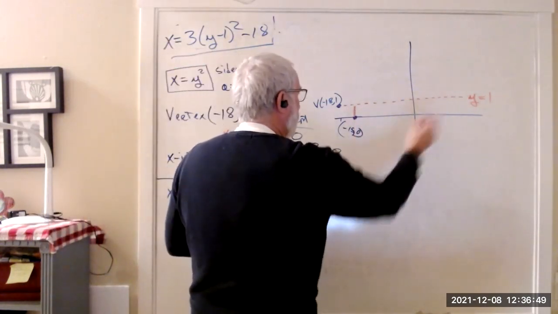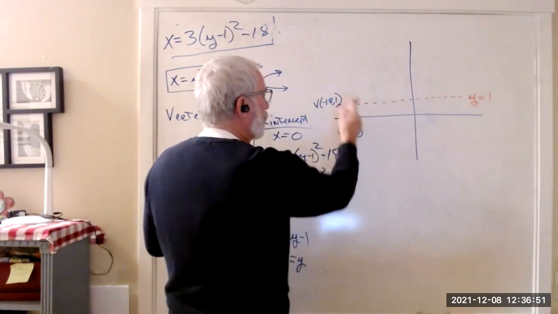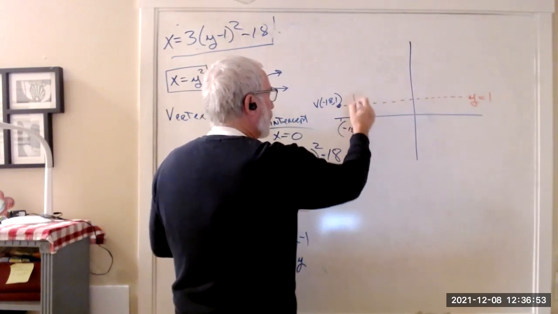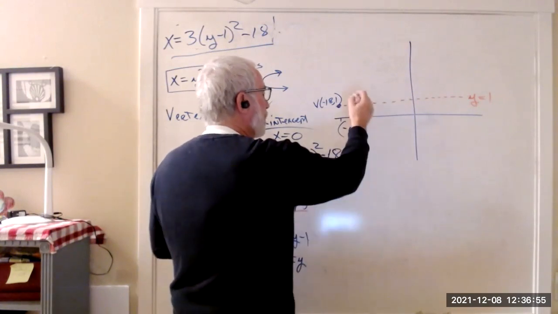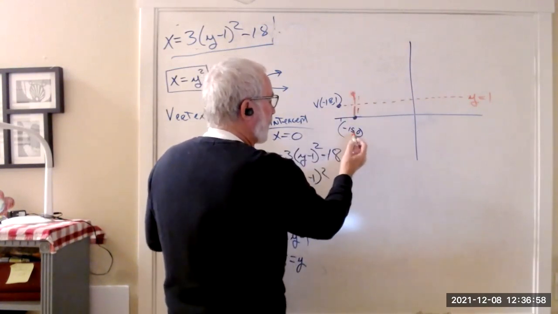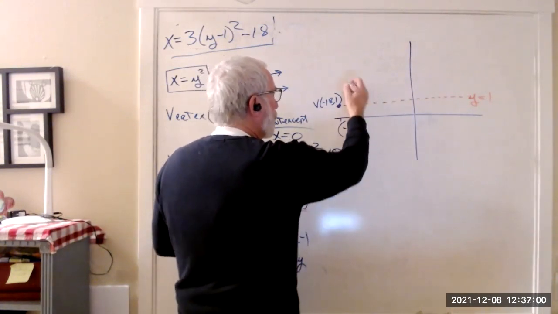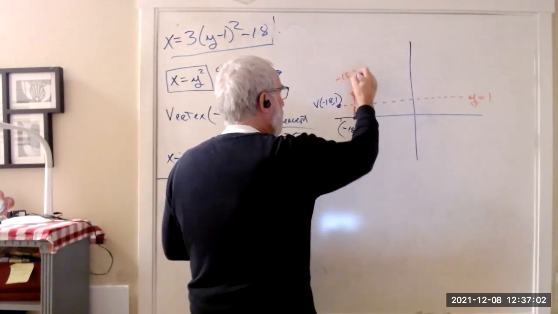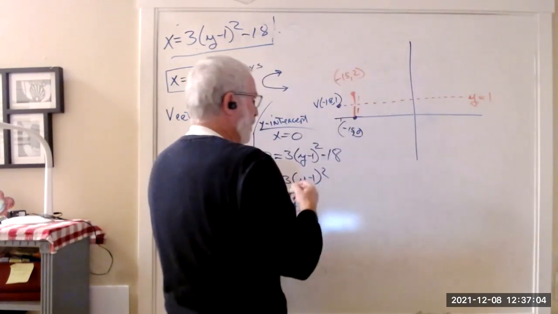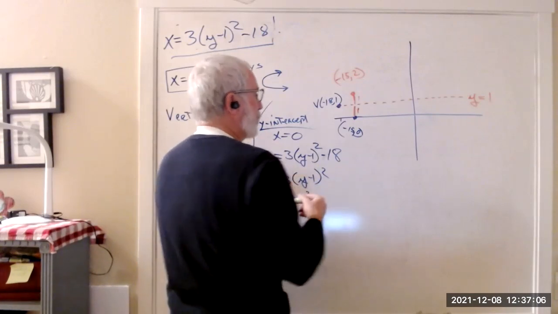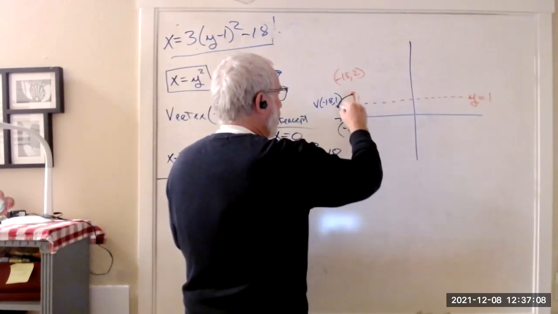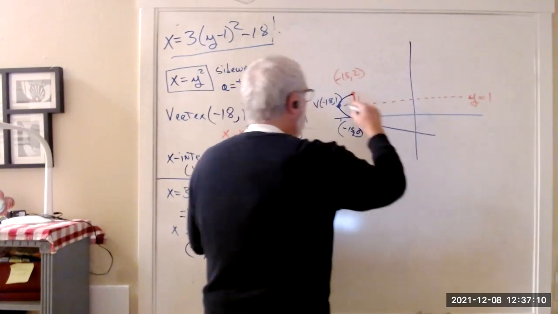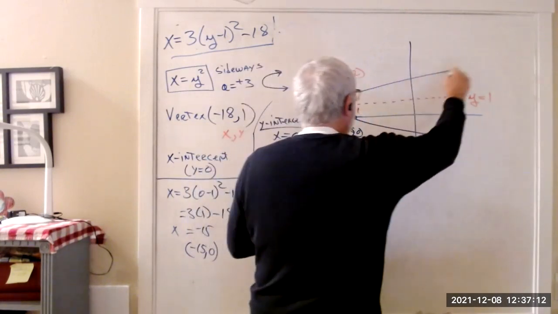The distance from 0 to 1 is 1, so it's going to come up here 1. So I have negative 15, up 1, so this is negative 15, comma 2. And that gives me my picture. So graph it, like that, like that.